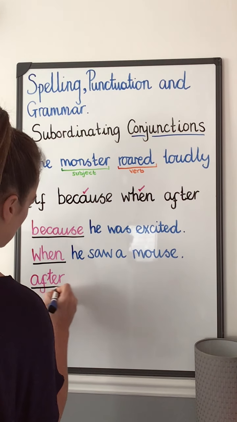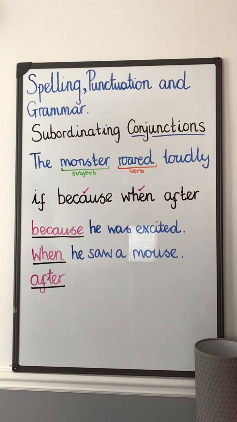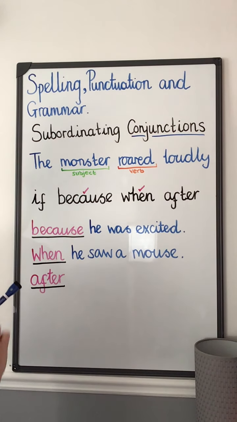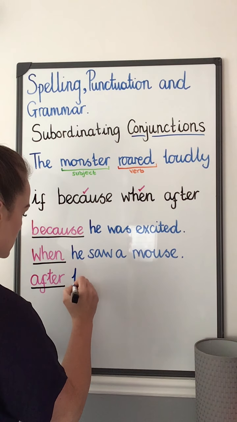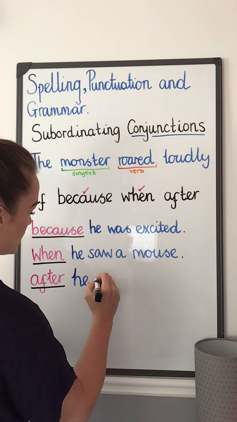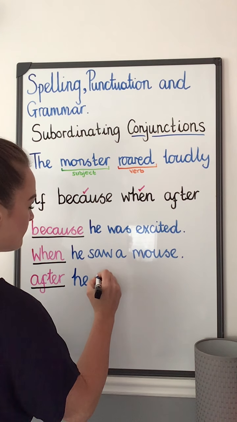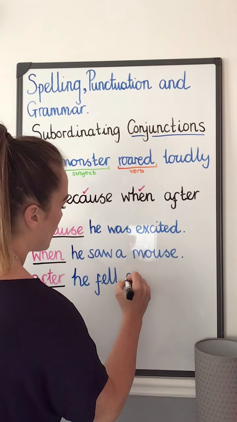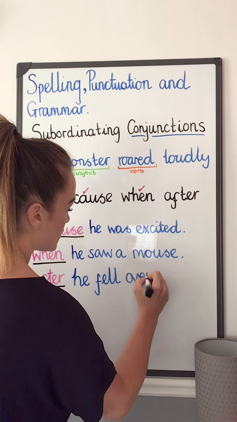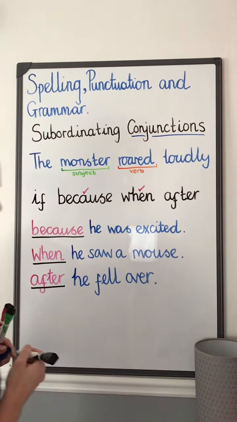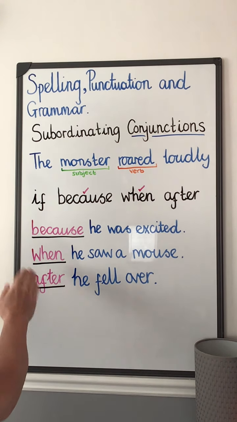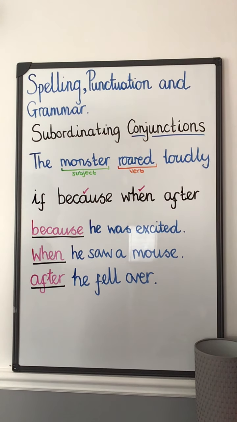This is where I need to hear you shouting all your ideas at me. The monster roared loudly after he fell over. Poor monster. Full stop. The monster roared loudly after he fell over.